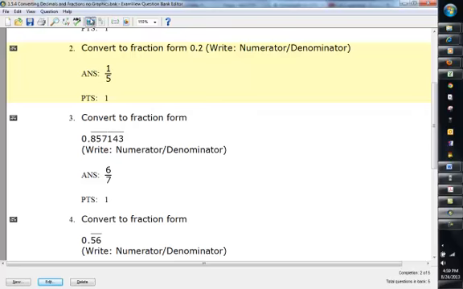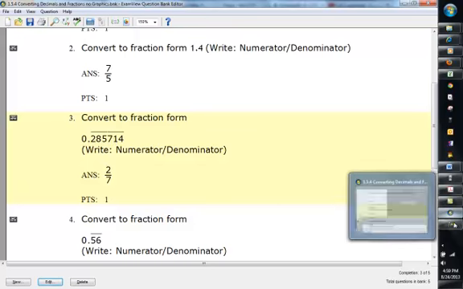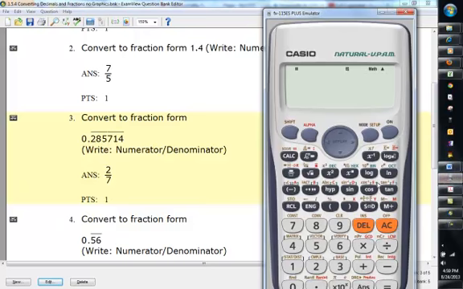I gotta recalculate. Yeah, that last number should have been a 2. It's a problem that I had when I wrote the problem. Let's try this one. Point, overline key, 285714.